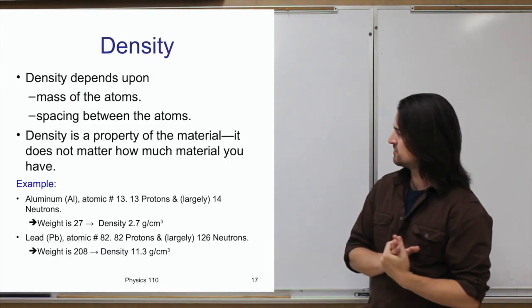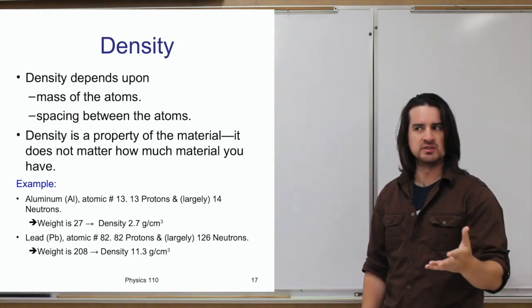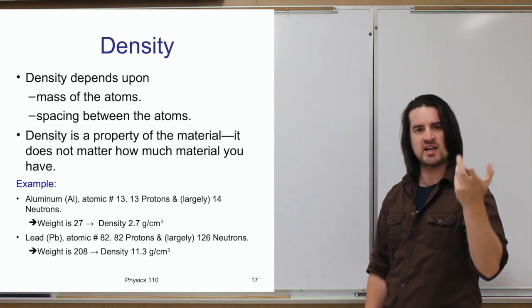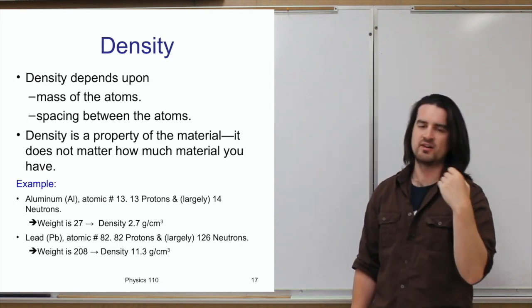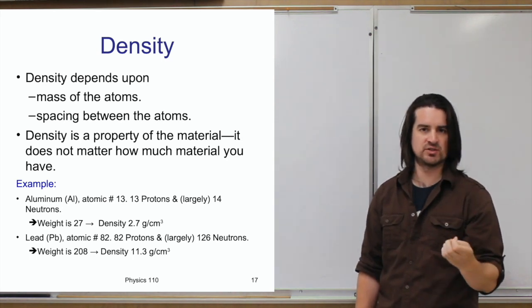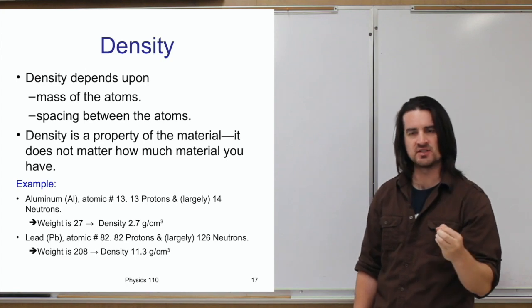So what does density depend on? The density of a material is a fundamental thing to the type of material it is, so it hopefully makes sense that it depends on essentially the atoms that make up that material, because the atoms are what make up the substance of the material.